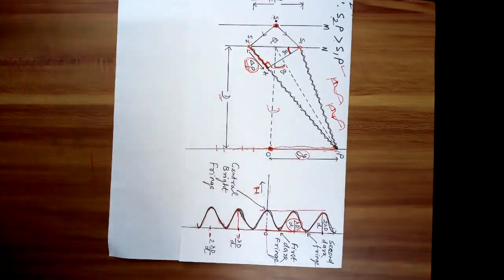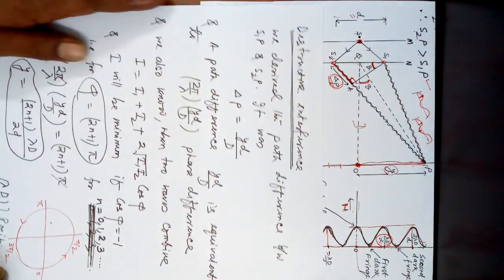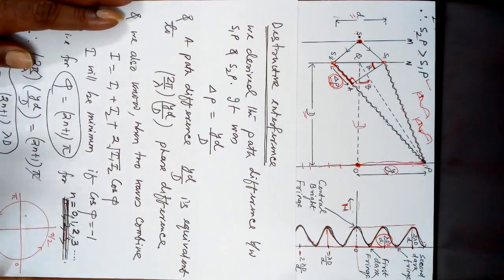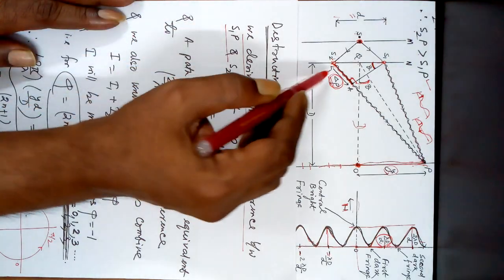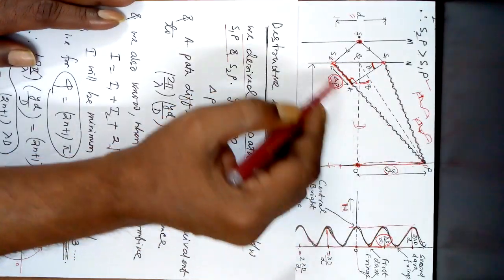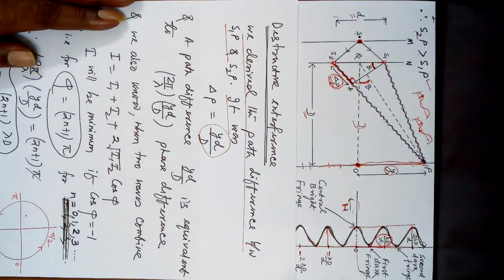Now then comes your destructive interference. We derived the path difference between S1P and S2P, which was derived as this.